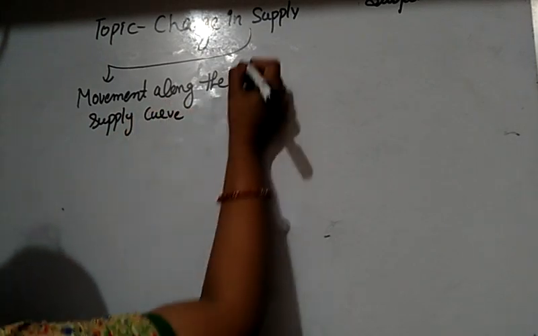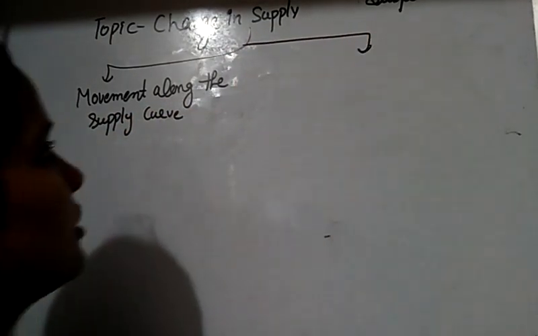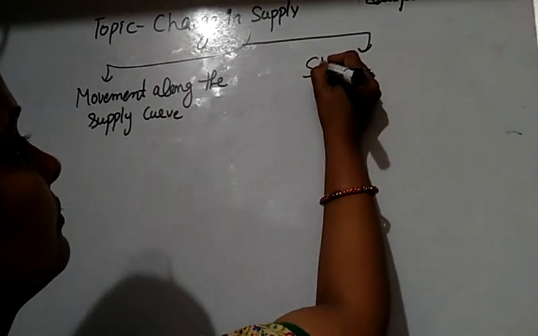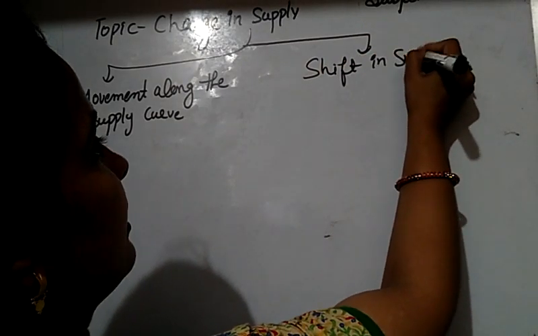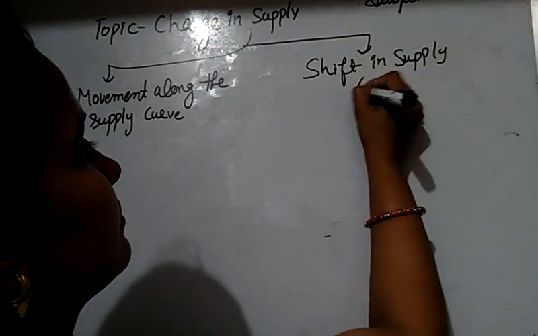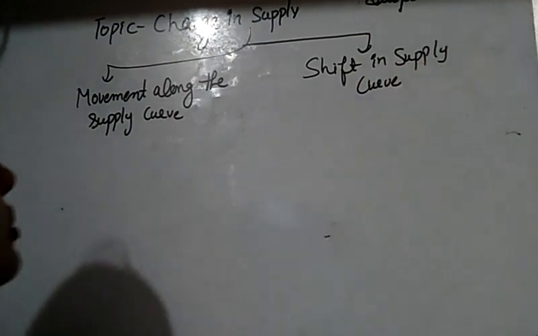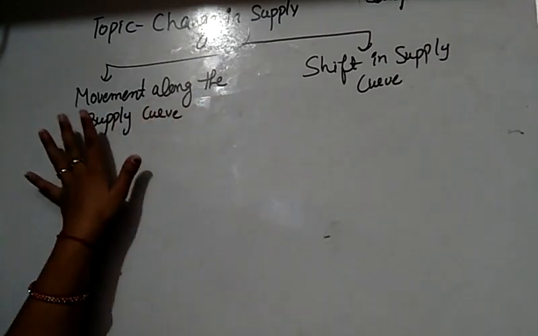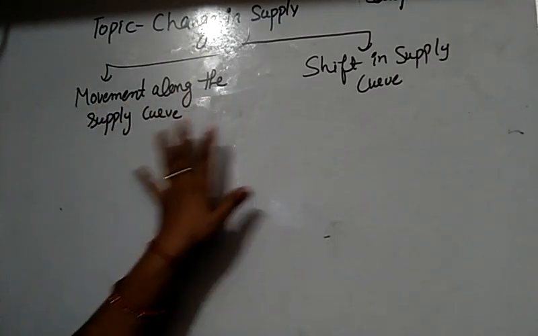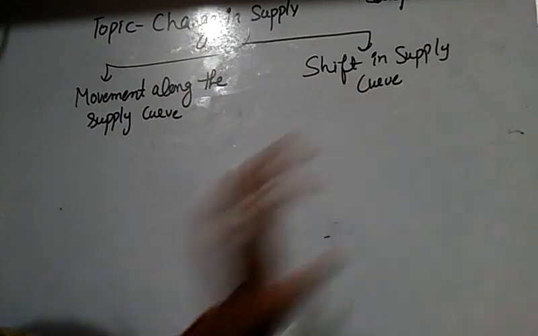Second is shift in supply curve. So change in supply is of two ways: movement along supply curve and shift in supply curve.